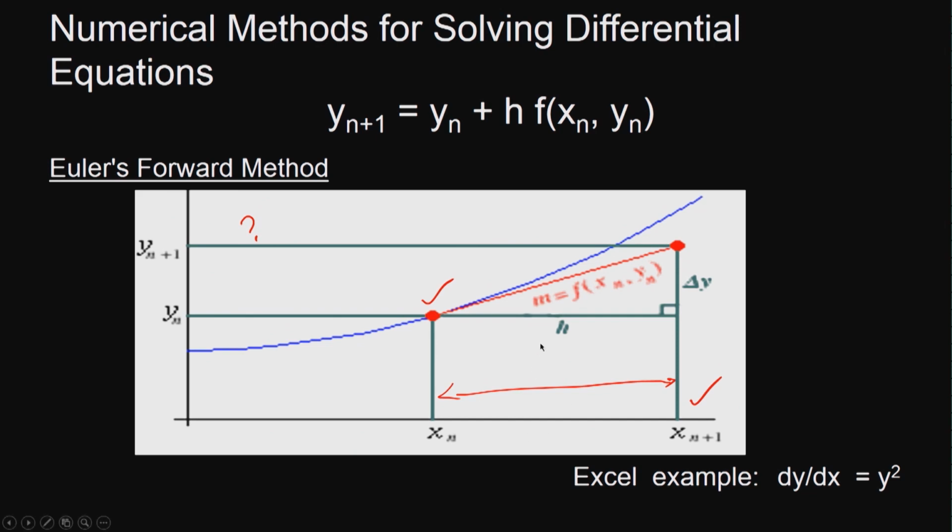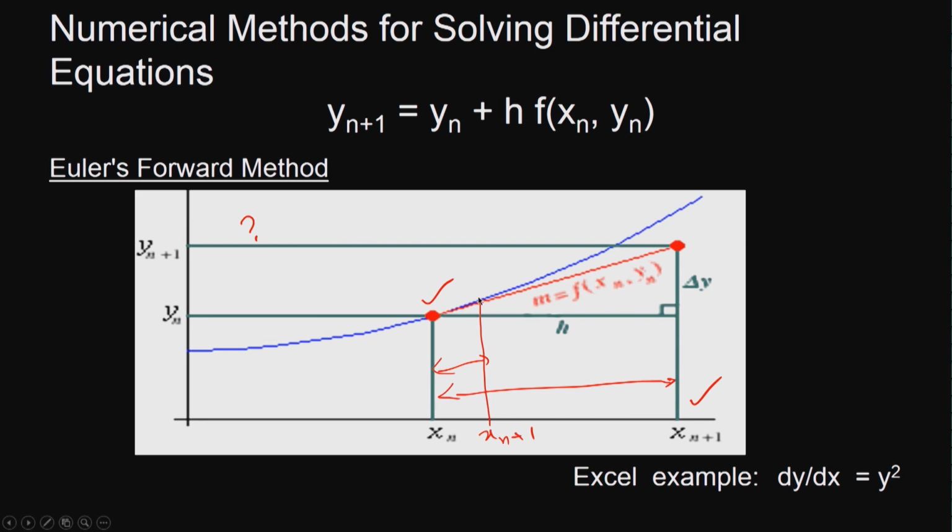So smaller the step length, more accurate will be the answer. As you can see, when you have very quadratic or sharply changing graphs, you are going to have a problem in estimating y(n plus 1) starting from y(n). Again, there are many different methods here, but Euler's method is the easiest one. If there is a sharp change, unless h is very small, you will not get an accurate answer. If x(n plus 1) is close by, that means h is very small, you will get a very accurate answer.